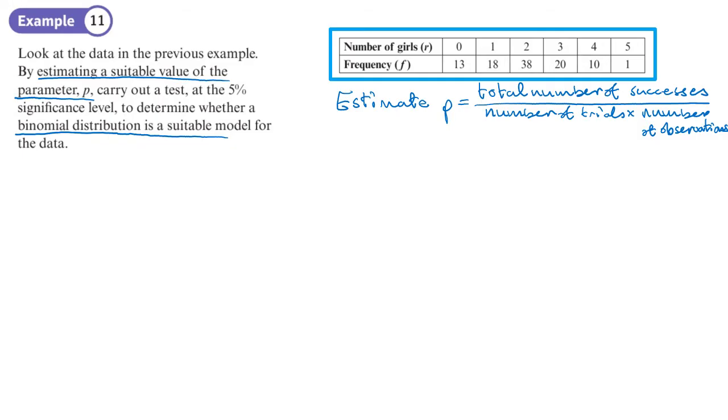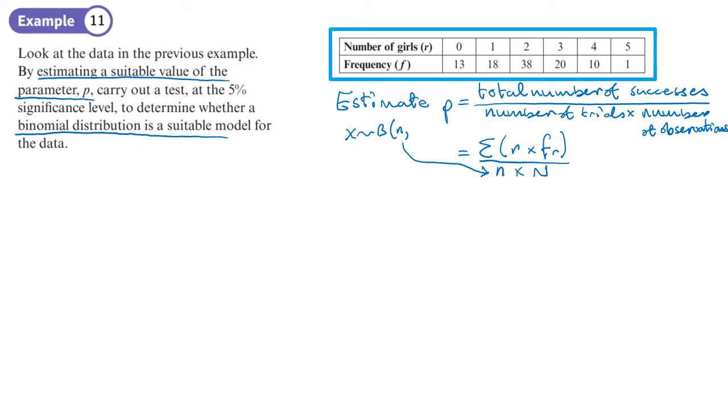If we were to write that down as a formula, it's the sum of our data times by the frequency of that piece of data divided by n, which is the number of trials. That just comes from the n part of the binomial distribution, times by n, which is the total number of observations. Okay, so we're just putting letters in here.